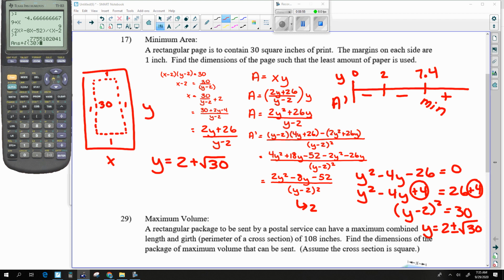I'm just going to look for the same number coming out of this. So this is the y. So x minus 2, 30 divided by that, plus 2. Yeah, it's the same thing as 2.